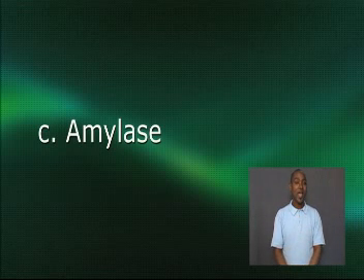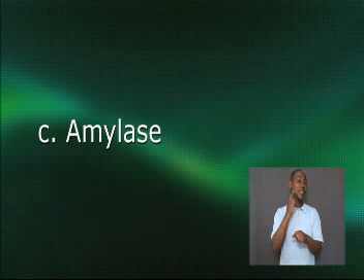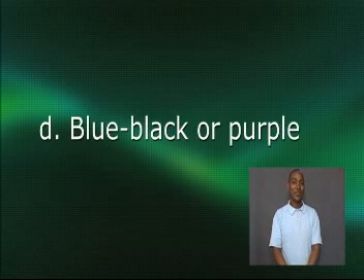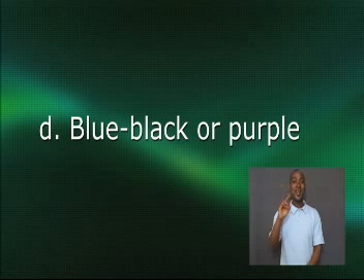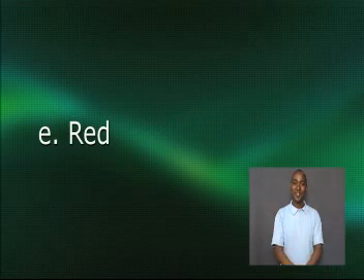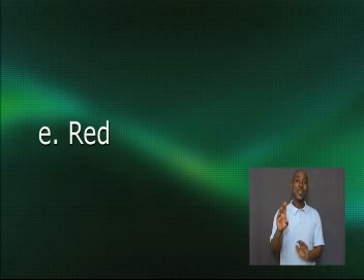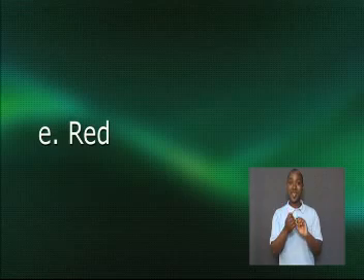Amylase is the enzyme that is made in the salivary gland and pancreas. The iodine will turn blue-black if starch is present in the solution. Benedict's reagent will turn red if the solution contains sugar.